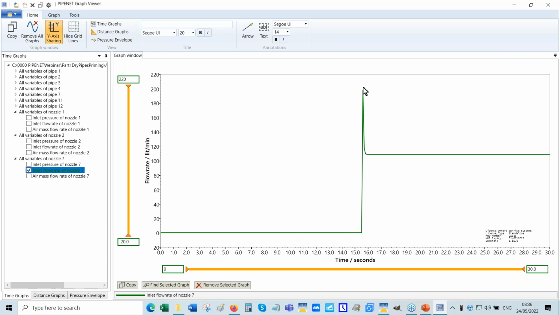It goes straight up, but it has an overshoot. Why does it have an overshoot? Because the liquid in the pipe has a momentum which is higher than the momentum in its steady state. Why is that? Because as long as there is air in the system, it escapes more easily than the water. But when the water reaches the last nozzle, it decelerates.